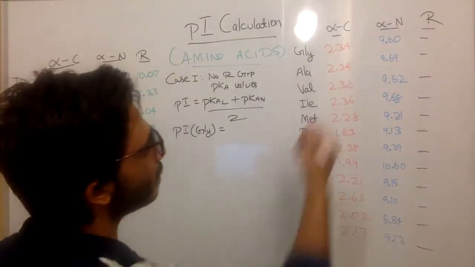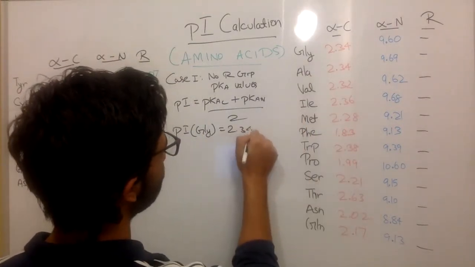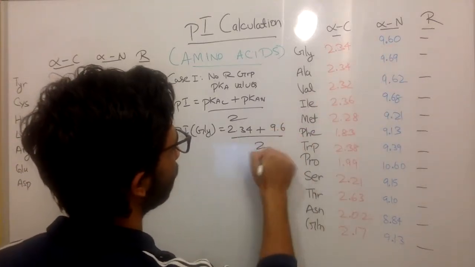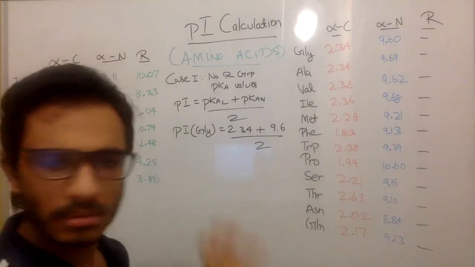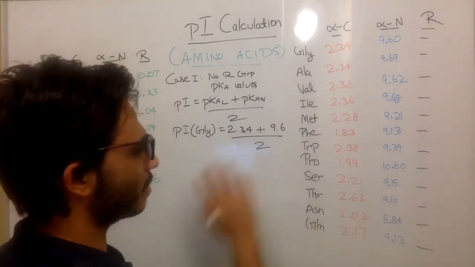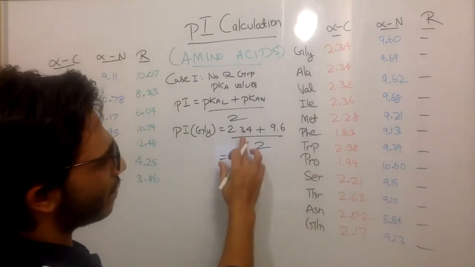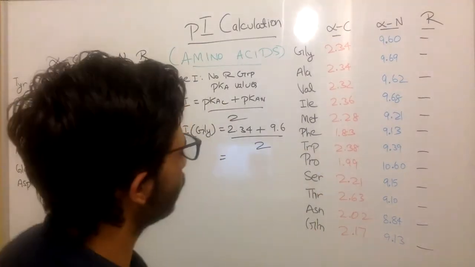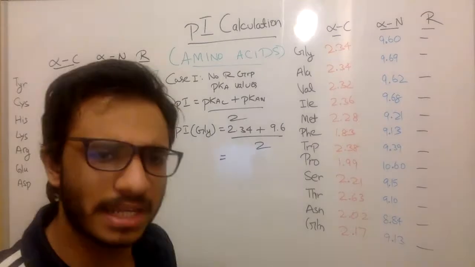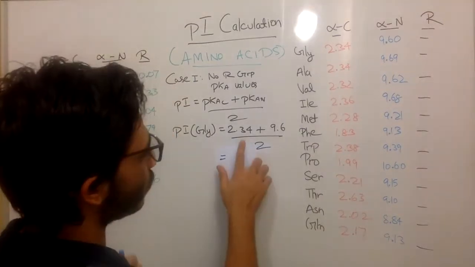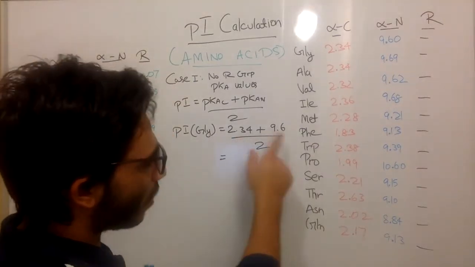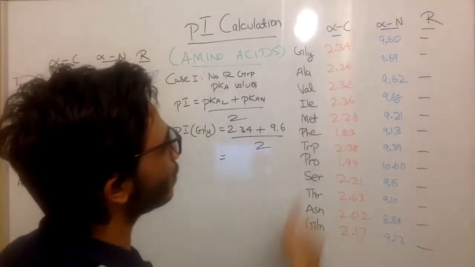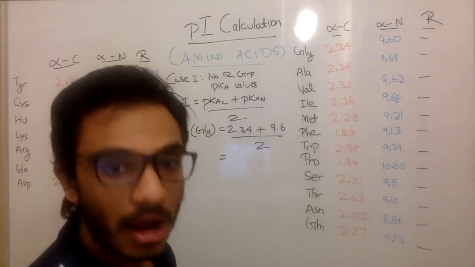So for glycine, it would be 2.34 plus 9.6 divided by 2. So that's all it is. It's that simple. If you don't have a calculator like me, on any exam you can just approximate these, because usually when we were doing net charge calculations, we assume that carboxy pKa's are around 2.